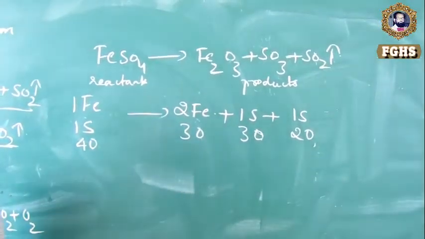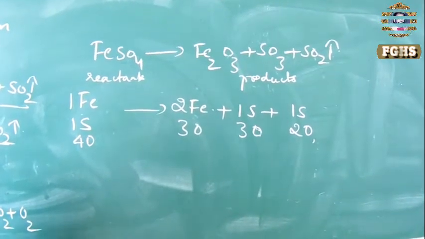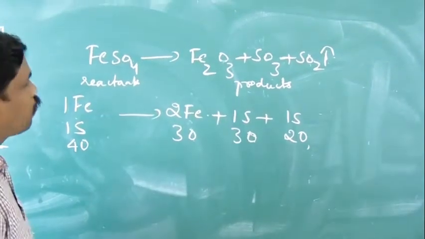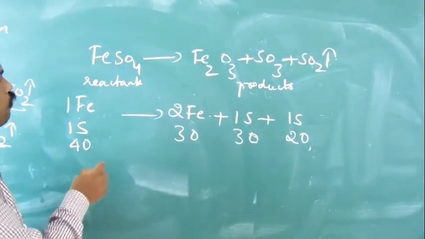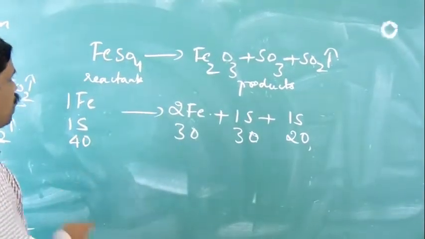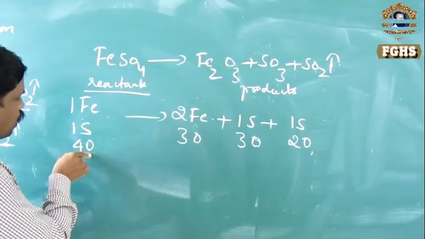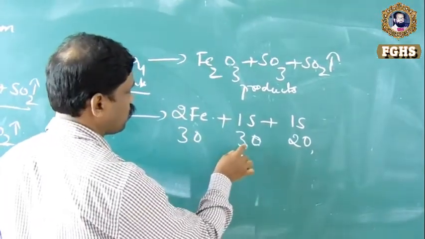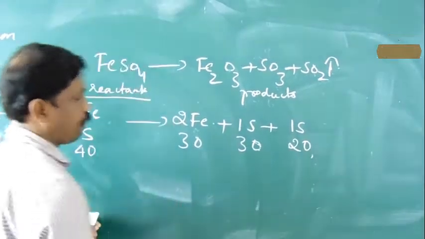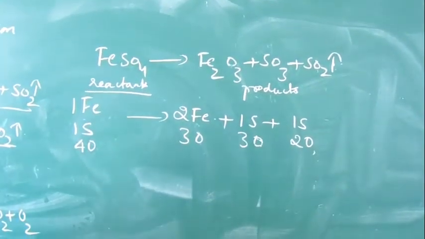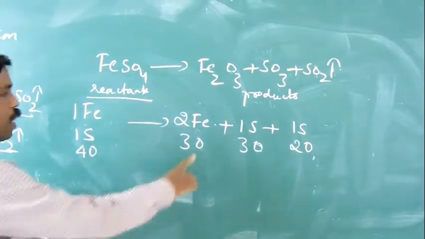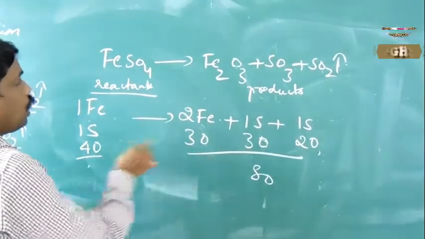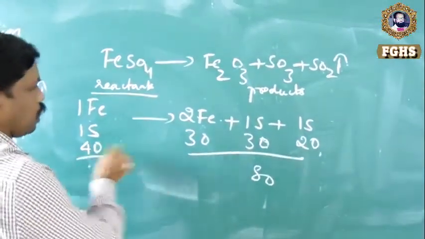Now, I have already told you how to balance the equation. I have always told you that we should start balancing from the element which has more number of atoms. In this case, on the product side, 3 plus 3, 6 plus 2, 8 O. Now let us start balancing the equation from oxygen. 8 O here, 4 O here.